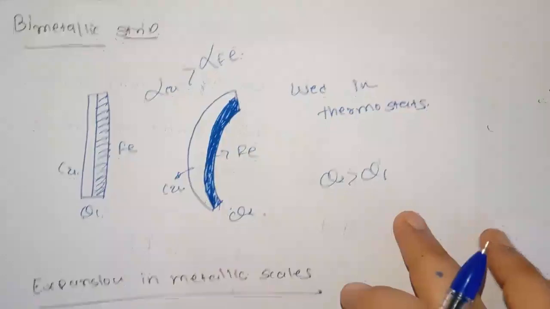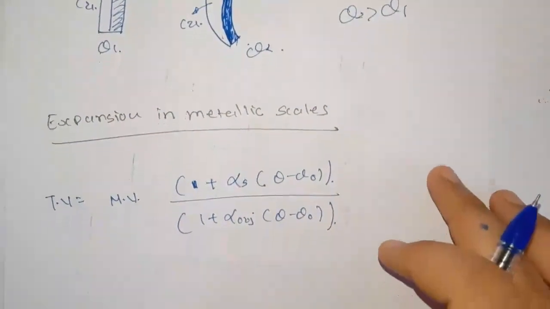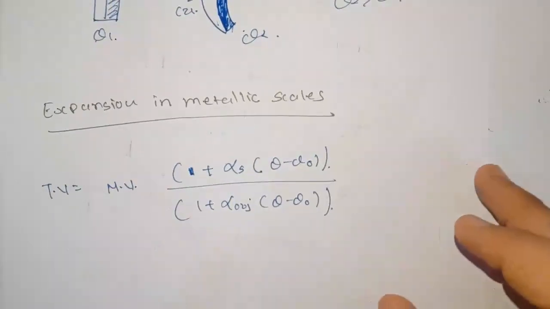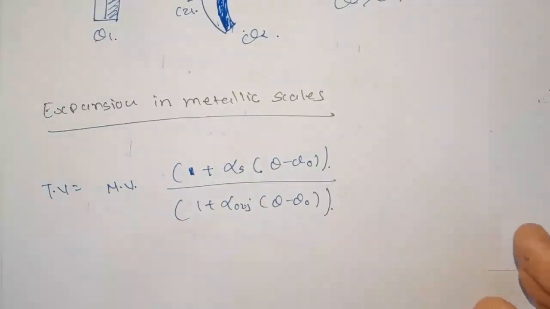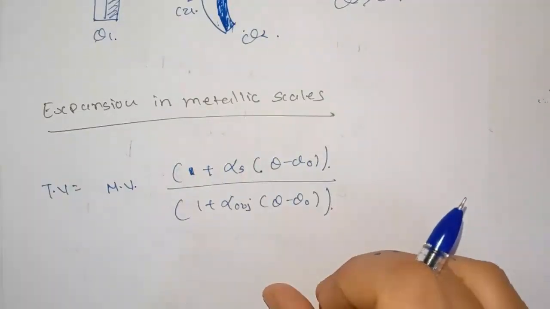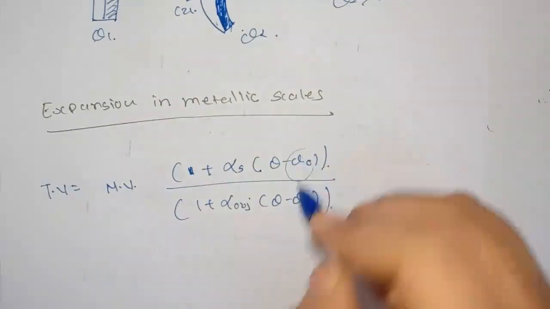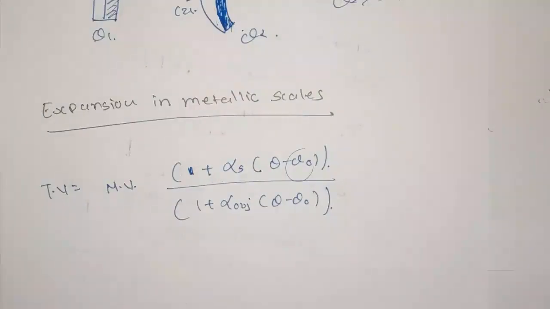Now let us see what will happen when we measure any length using the metallic scale at different temperatures. If a scale, say of steel, gives correct reading at temperature theta naught, then at temperature theta, that is more than theta naught, due to linear expansion of scale, reading will be lesser than the true value.